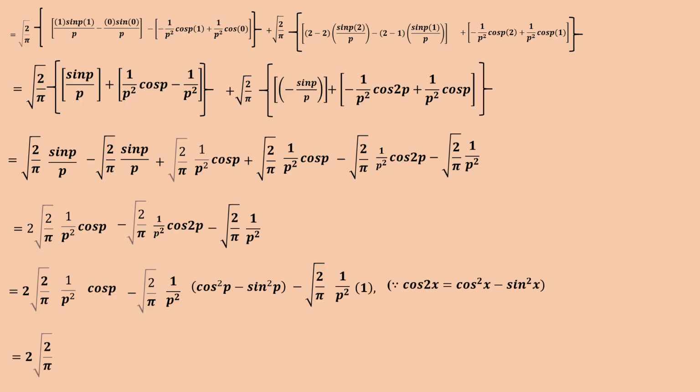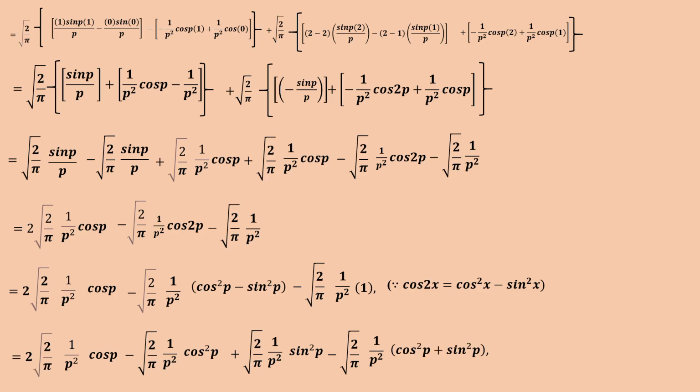That is equal to 2 root 2 divided by pi 1 by p square cos p minus root 2 divided by pi 1 by p square, splitting that, cos square p, minus into minus plus root 2 divided by pi 1 by p square sin square p, minus root 2 divided by pi 1 by p square. 1 can be written as cos square p plus sin square p, right.